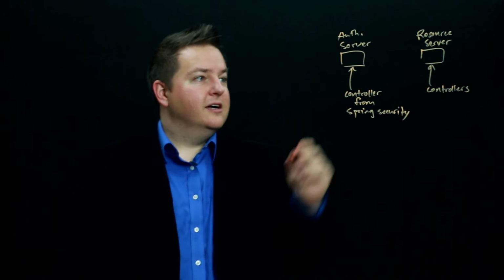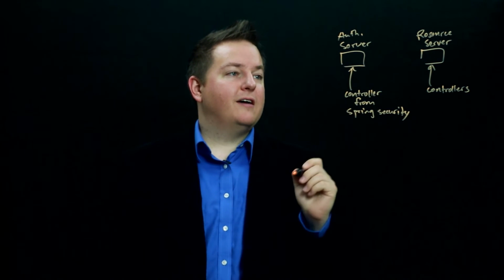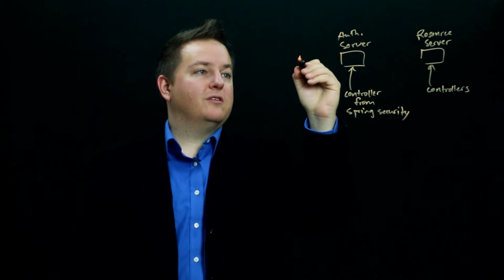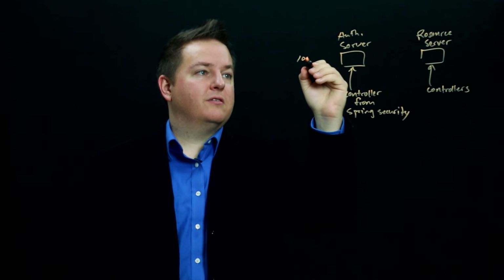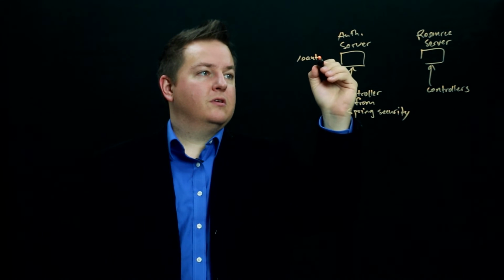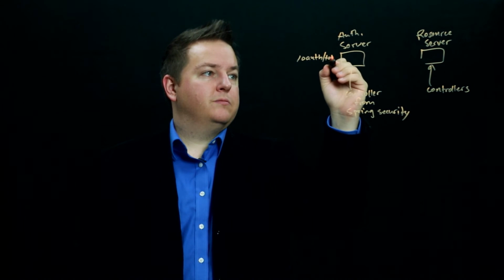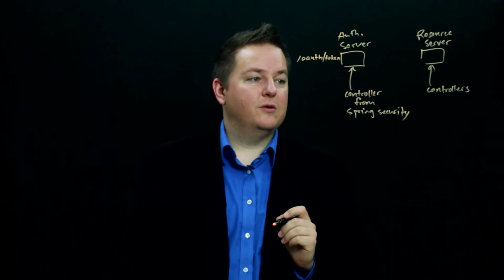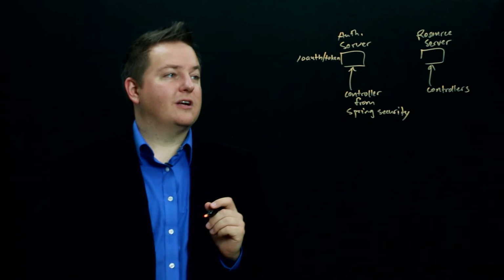So this is basically going to have a separate endpoint for getting tokens that, depending on how you configure it, will be something like /oauth/token. And those requests will be piped into this controller from Spring Security.